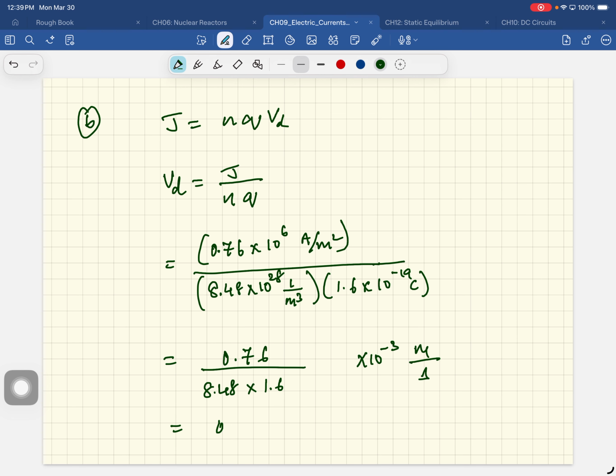All right, so point. So that's the drift velocity.